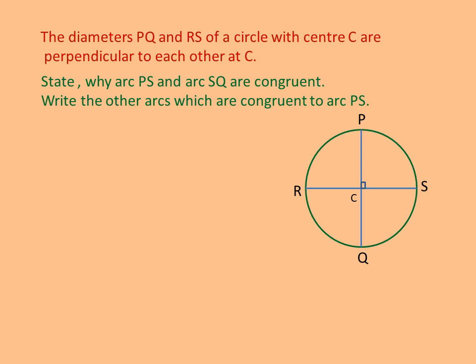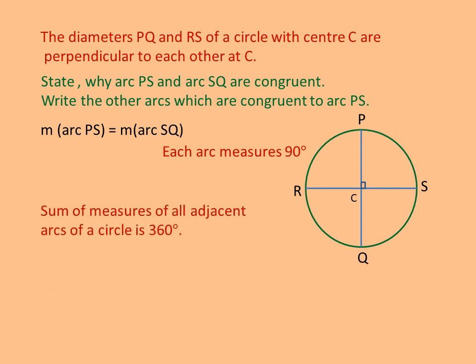In the same way, angle QCS is 90 degrees, so the measure of arc QS also will be 90 degrees. Therefore, I can say that the measure of arc PS equals the measure of arc SQ, because the measure of each arc is 90 degrees. Clear? Let us go for the next part.